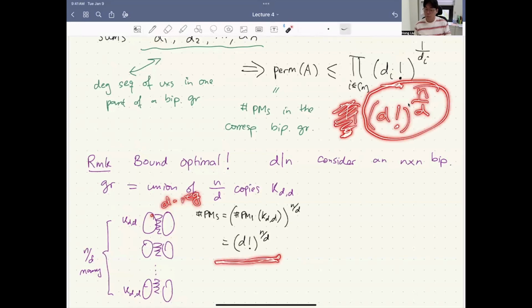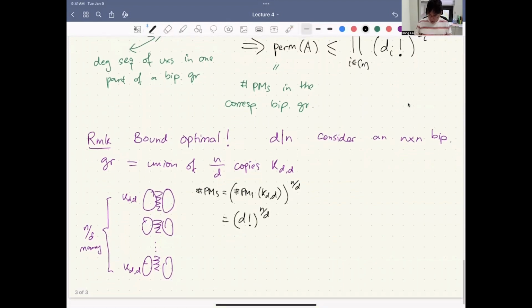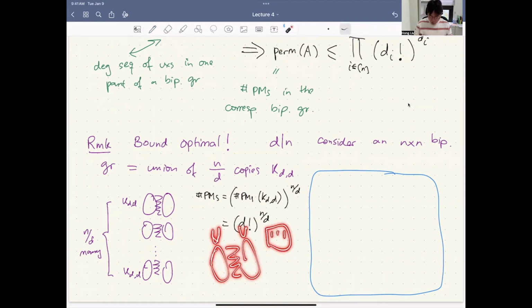Now let's think in permanent language: what is the corresponding matrix? K_{D,D} is just the matrix of d rows and d columns, all ones. This is K_{3,3}.